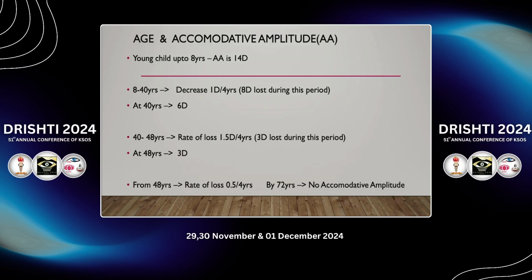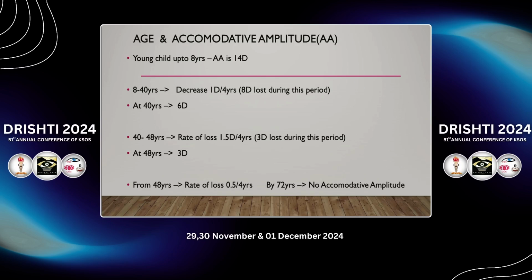Now, a word about the relationship between age and accommodative amplitude. Accommodative amplitude is the difference in dioptric power of the eye when the eye is focusing at distance and at near. The difference is called the accommodative amplitude, which decreases by age. In a young child up to 8 years, there is a good accommodative amplitude of around 14 diopters, and it decreases by 1 diopter every 4 years, so that from 8 to 40 years it decreases 8 diopters.